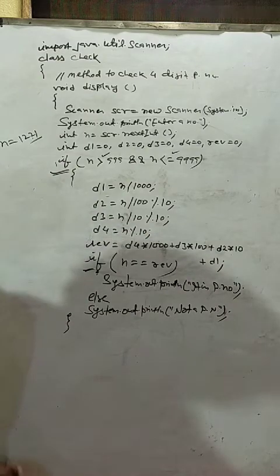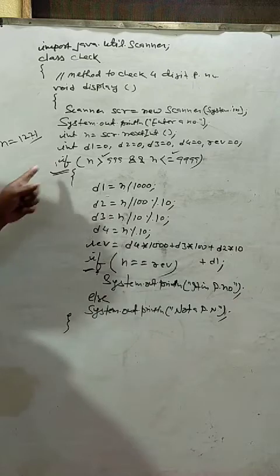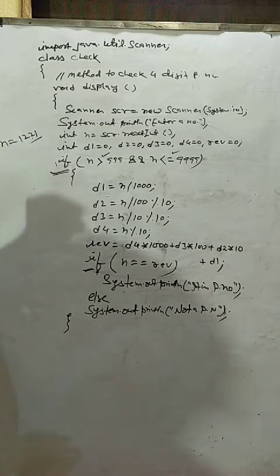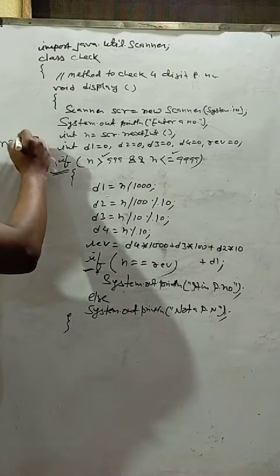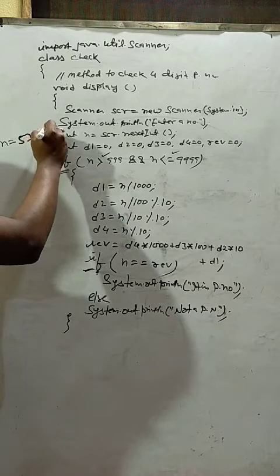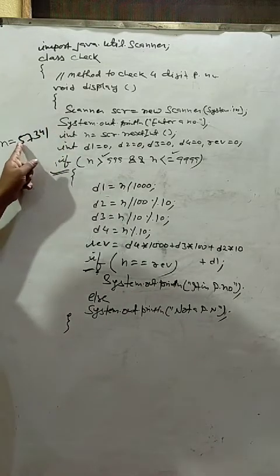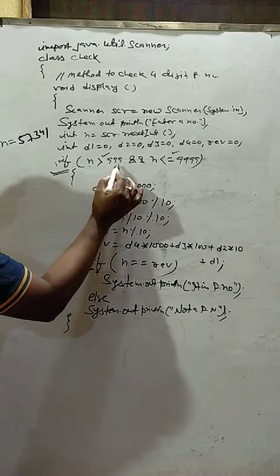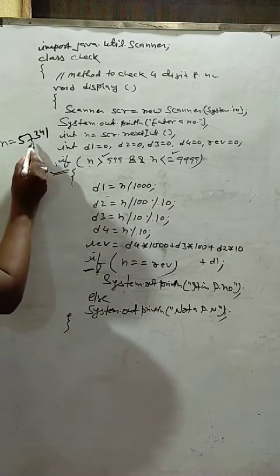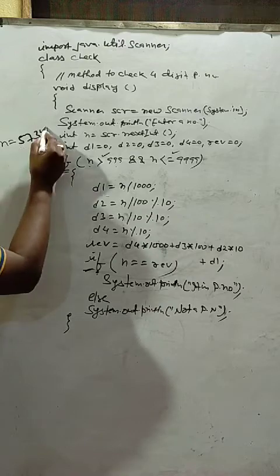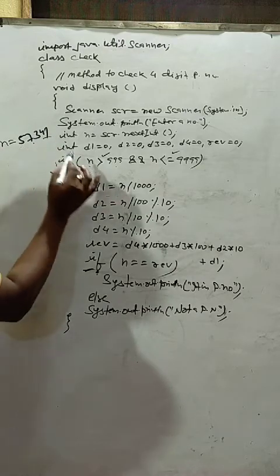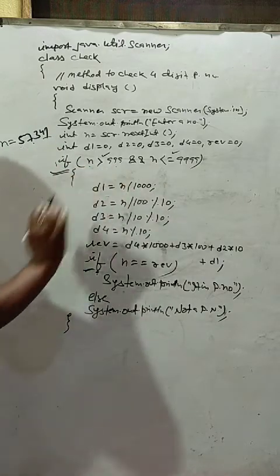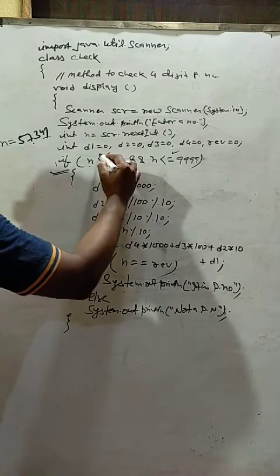We have to write the else for this. If we entered a number like 57341, this is not a 4-digit number. So what will happen? We will compare n greater than 999. 57,341 is greater than 999. This part is true.